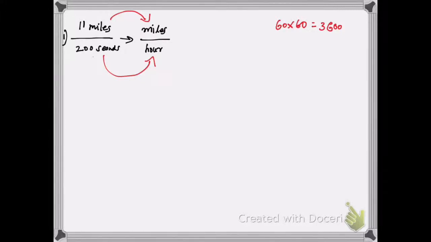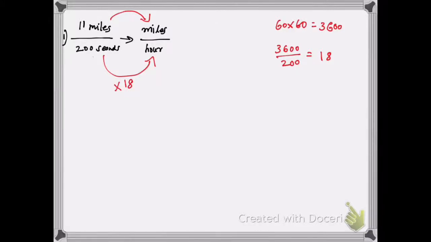So what is that number that you can multiply 200 with and get 1 hour? 1 hour is 3600 seconds. So that would be 3600 divided by 200, correct? And that would be 18. So when you multiply 200 with 18, you will get 1 hour.